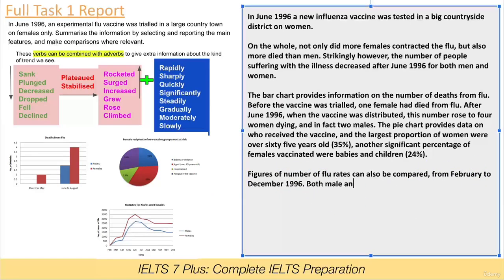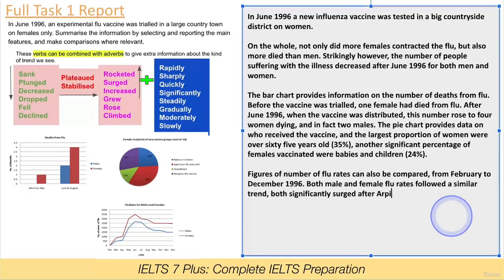Both male and female flu rates followed a similar trend. And they significantly increased after April, we could say. Both significantly, I like that word, or sharply, or rapidly, any of those. Significantly surged after April. And they both reached their peak in June.